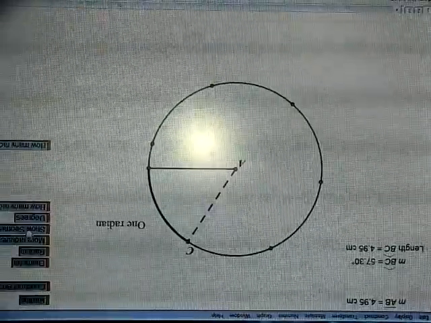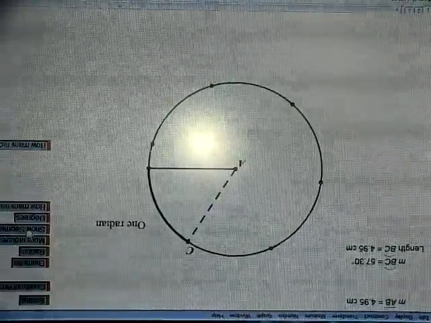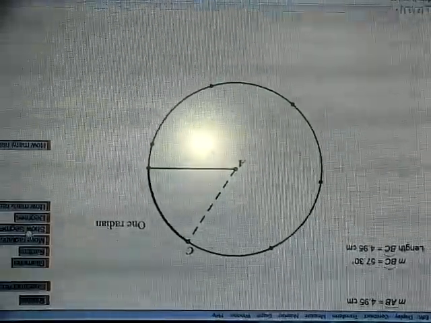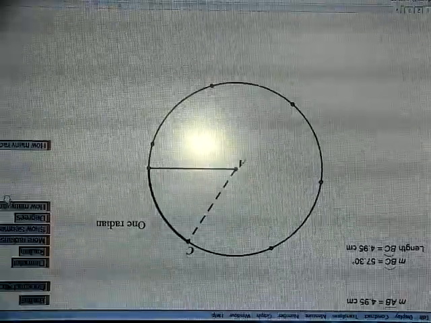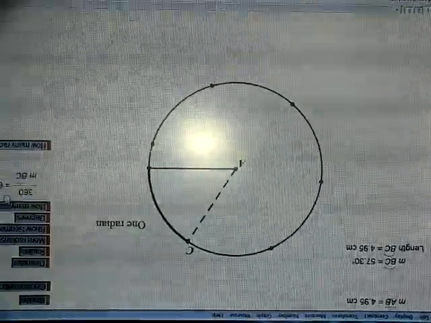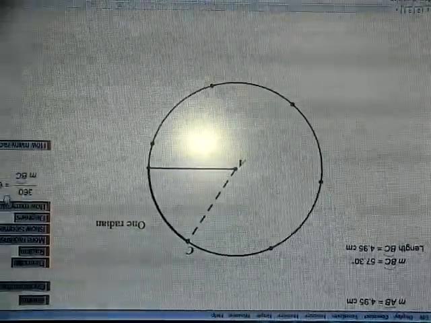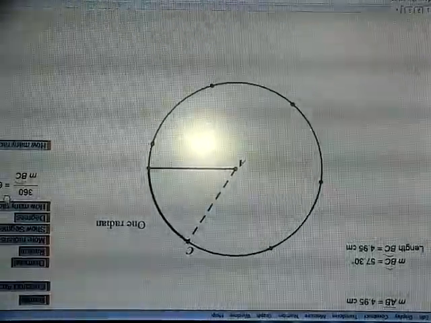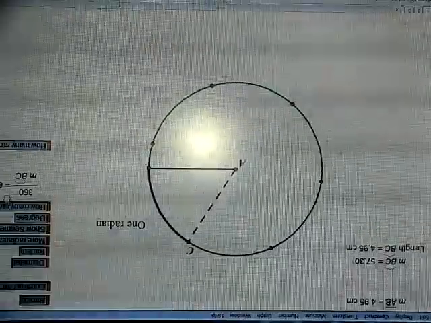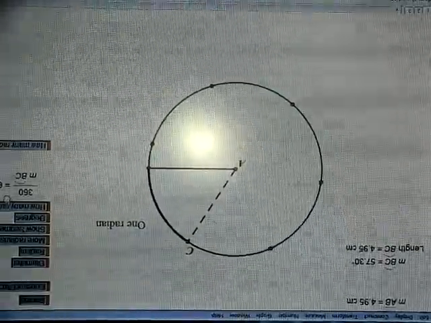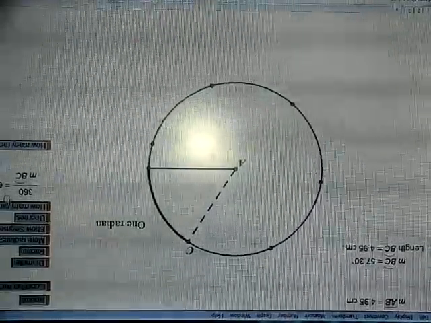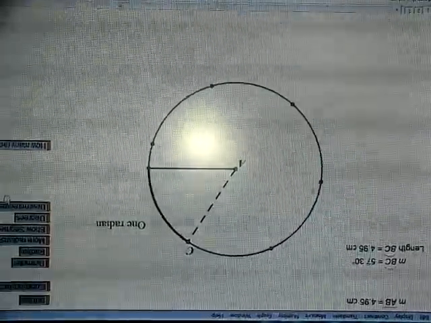So if it was 3.14 for a diameter, it has to be twice that, 6.28. The number of radian for a full circle, you'll see, is 6.28. Another way to phrase 6.28 is just to call it 2 pi. So instead of calling a circle 360 degrees, we're now going to call a circle 2 pi.